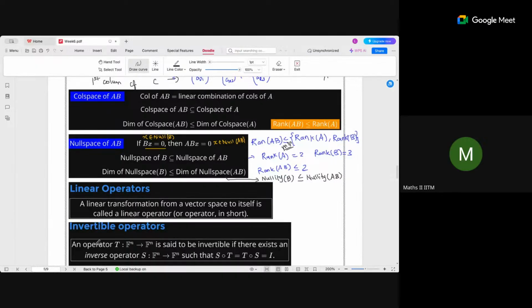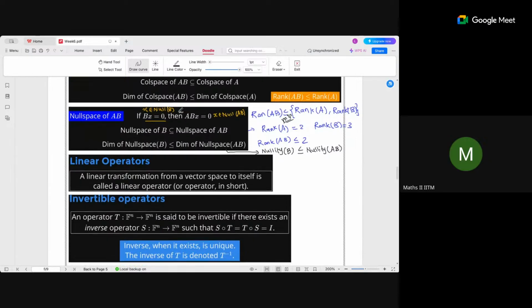An operator T from F^n to F^n is said to be invertible if there exists an inverse operator S such that S composition T is the same as T composition S is the same as identity. We know a similar condition in the case of matrices. How do we define the inverse for matrices?